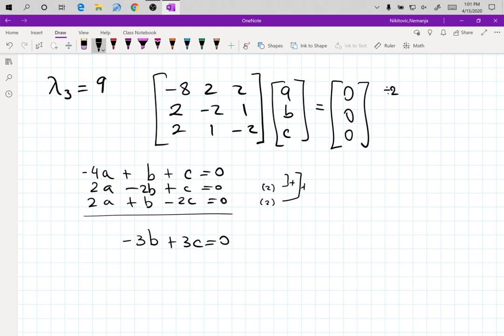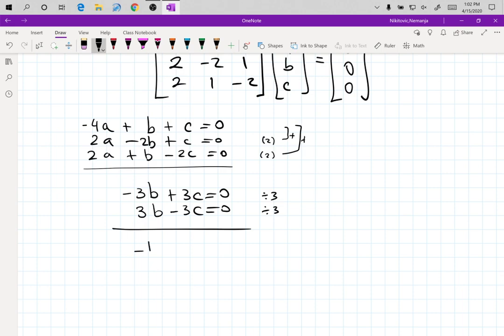And a's are gone. 3b minus 3c equal to 0. So if you divide by 3 both sides, you get the system -b plus c is 0 and b minus c is 0. So b equals c equals 1. That's good enough.